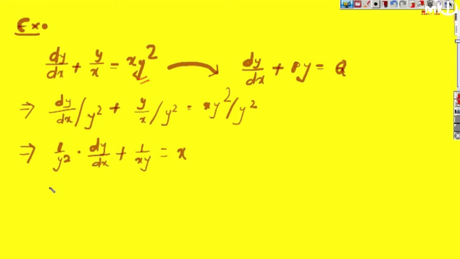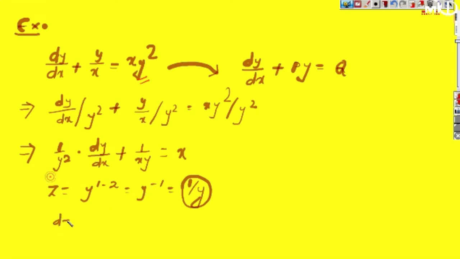Now in this equation we substitute z is equal to y to the power 1 minus n. What is your n here? It is 2. So we substitute z is equal to y to the power 1 minus 2, that is equal to y to the power minus 1, or it is equal to 1 by y. So in this equation now we substitute z is equal to 1 by y.